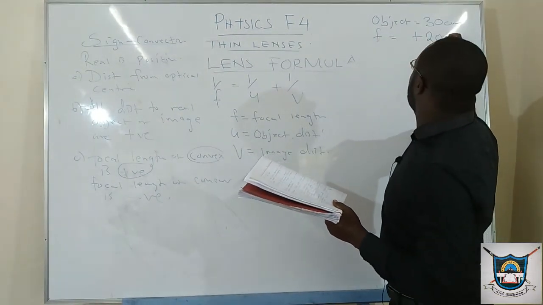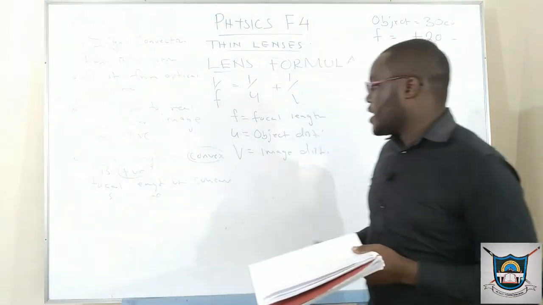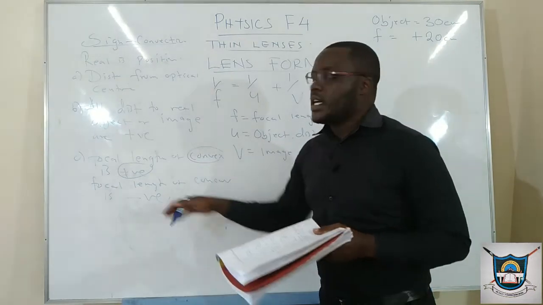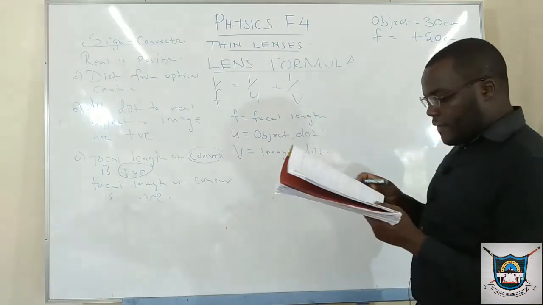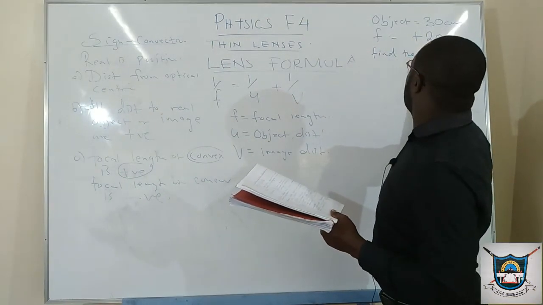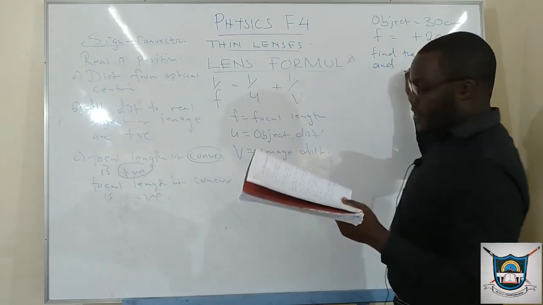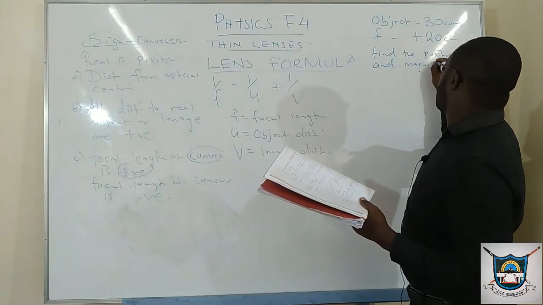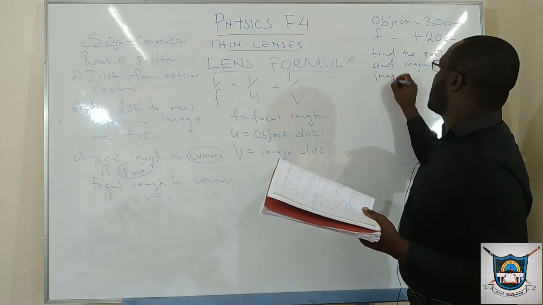Remember we have said convex lenses have positive focal lengths, but concave ones are negative. So this one is positive 20. Find the position of the image and also find the magnification of the image. That is a simple one.